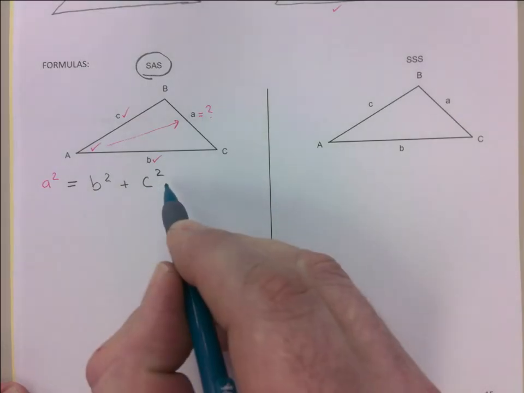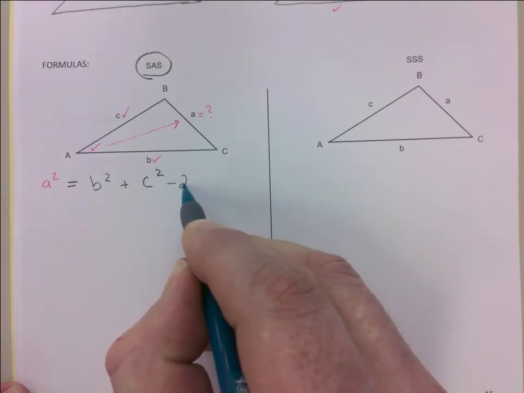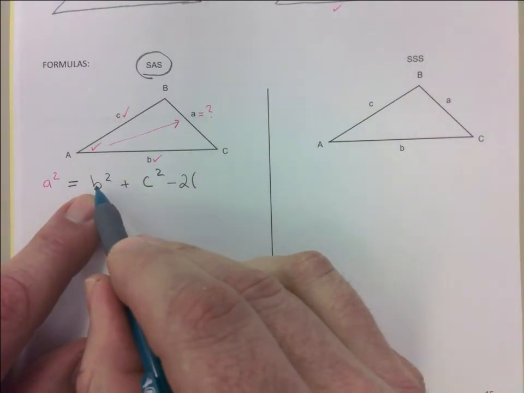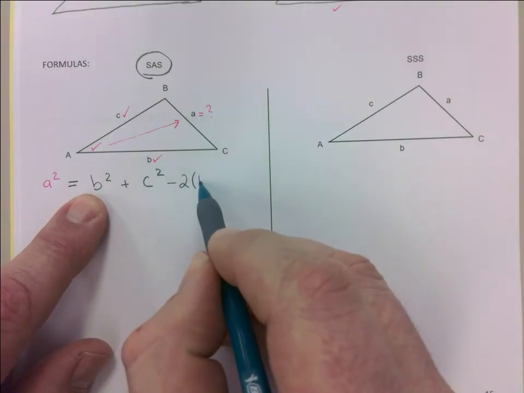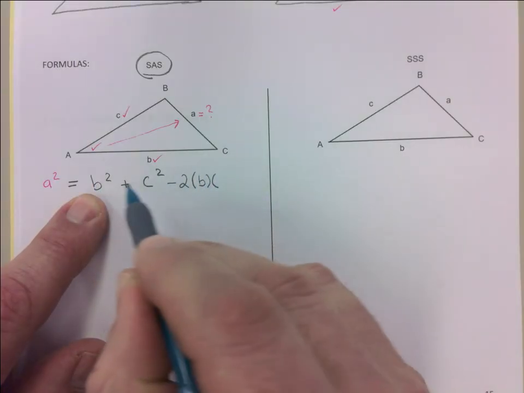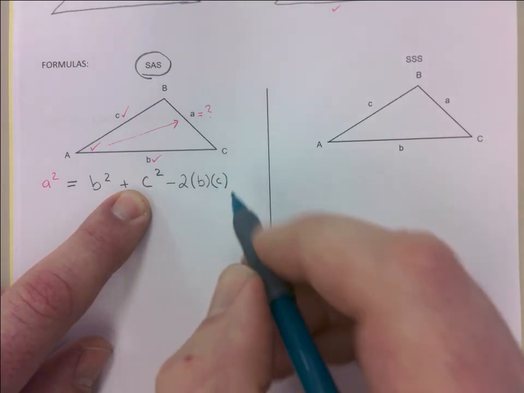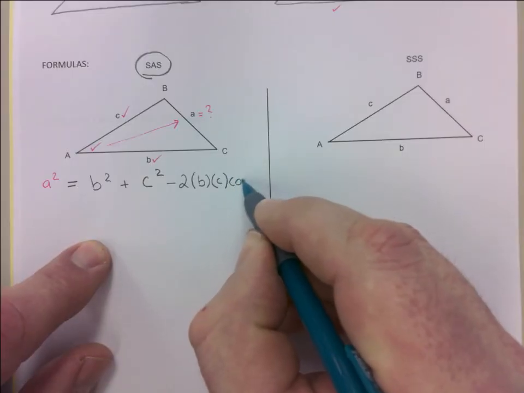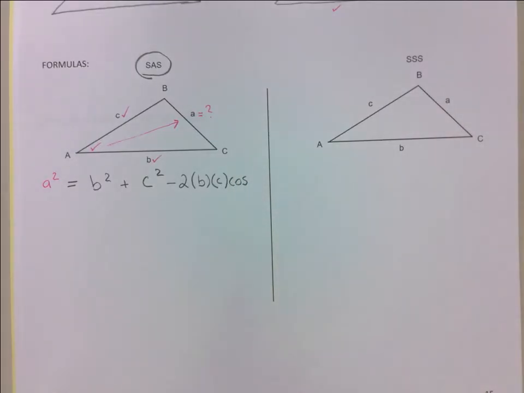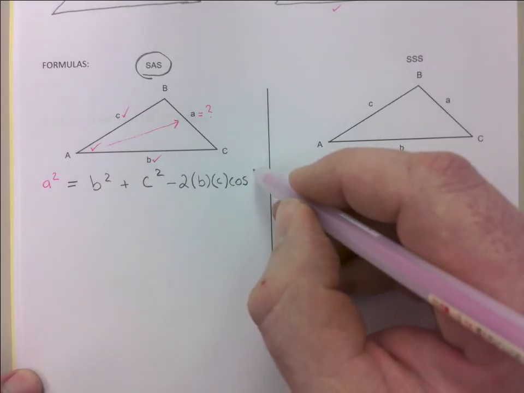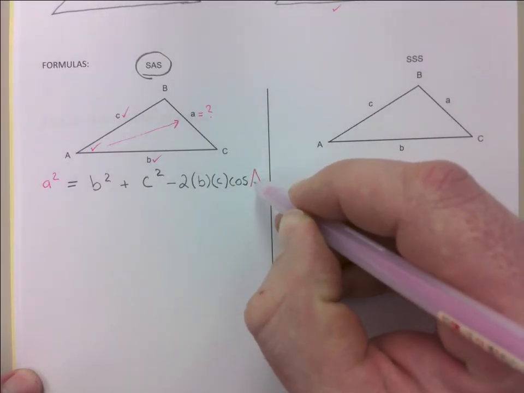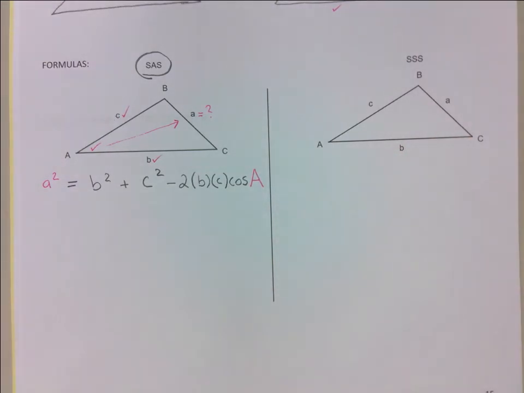Here it is. Minus 2 times B, times side C, times cosine of the only angle that we know in this case, angle A. That is the formula for cosine law.